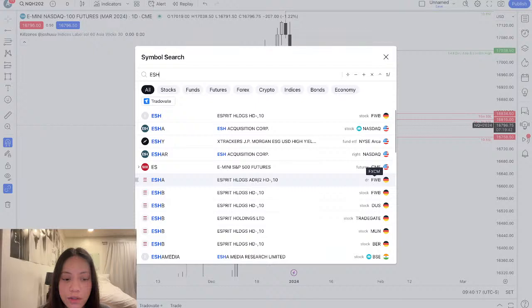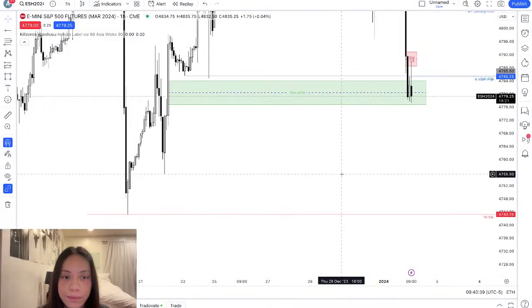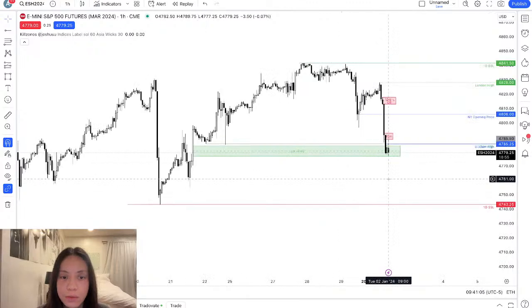So I usually trade ES. Let's look here. So ES, yeah, ES is looking a little bit stronger in my opinion.